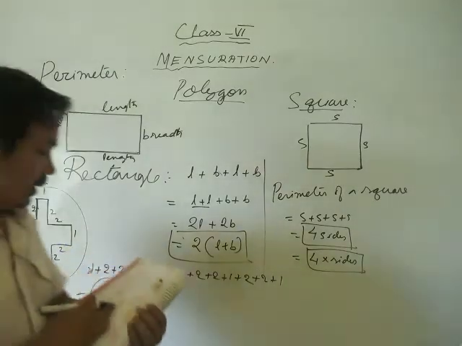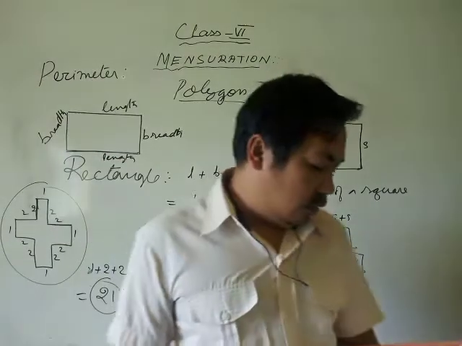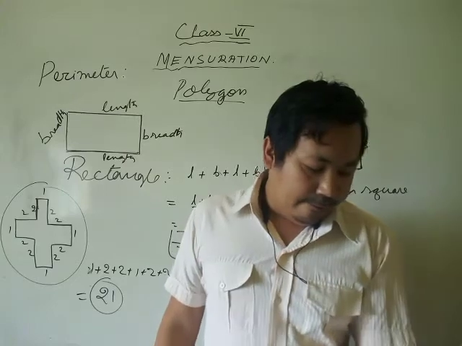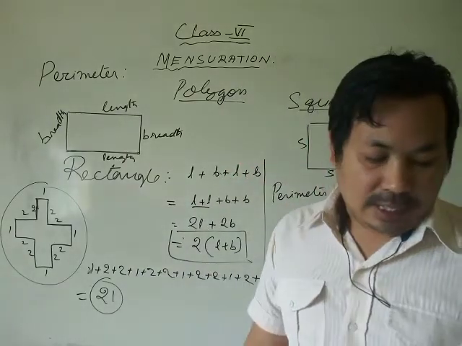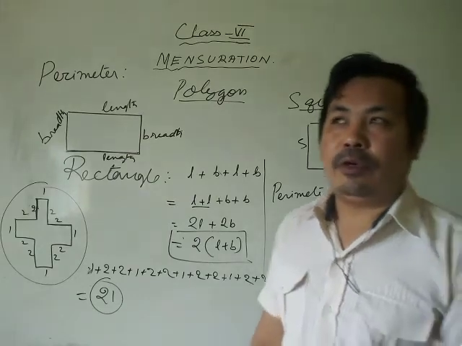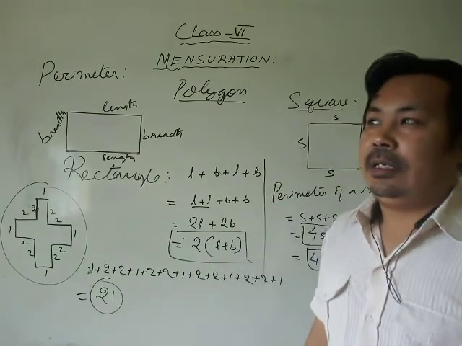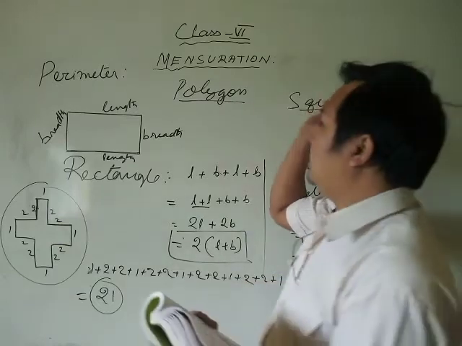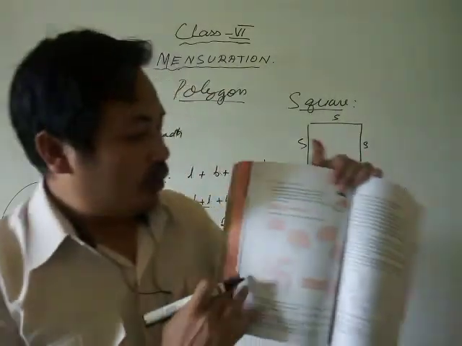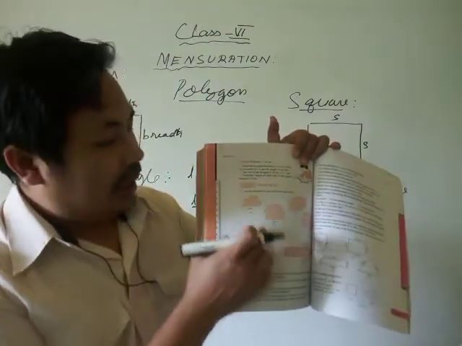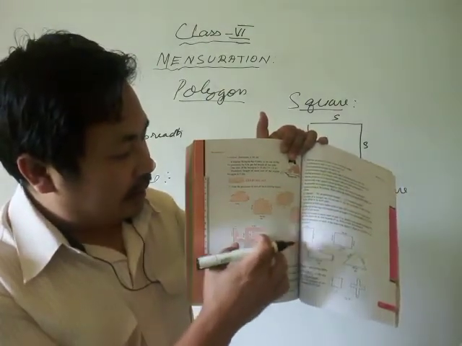So my dear student, next let us find the perimeter in some questions. Let's find the solutions of some questions in exercise 10.1. This is your exercise 10.1. Question number 1: all the sides are given here.